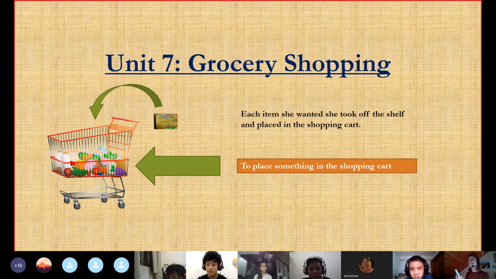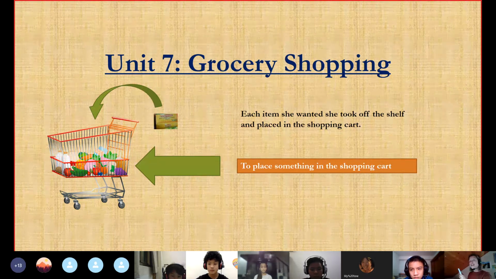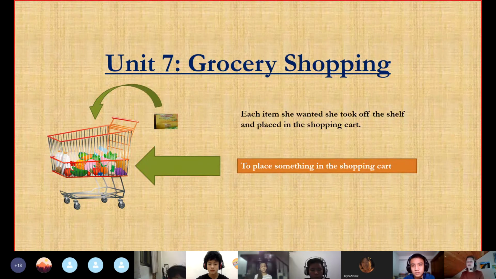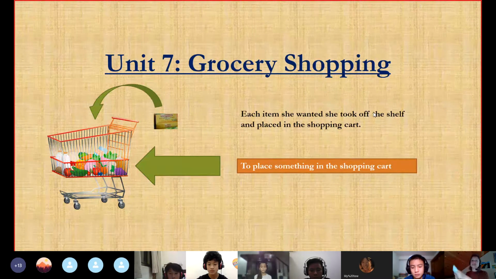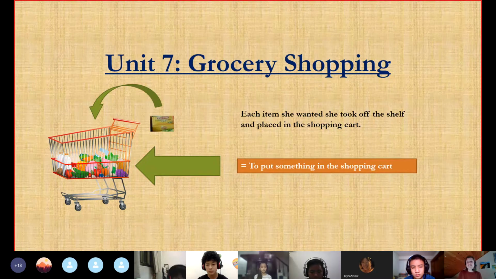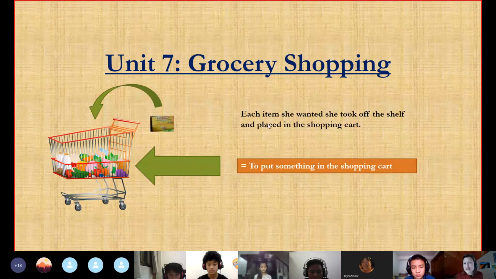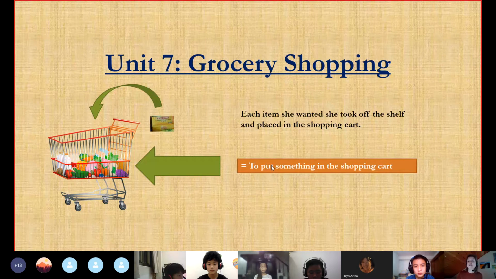It's not quite the same. So I take it and then I place it. Can you think maybe of another word, Bruce? Put. Perfect. Yes. So the first one is to take something and then to place it or to put it in the shopping cart. Very good. So to place something means the same as to put something.